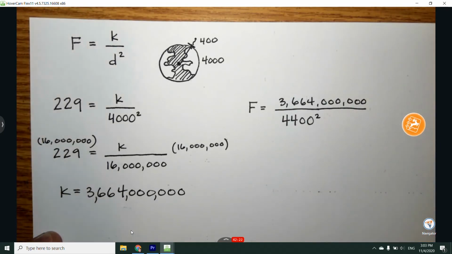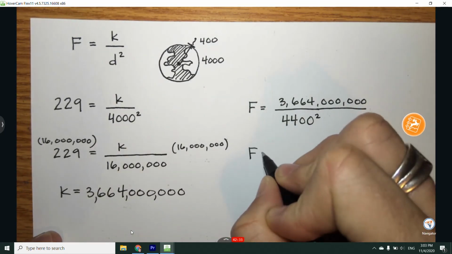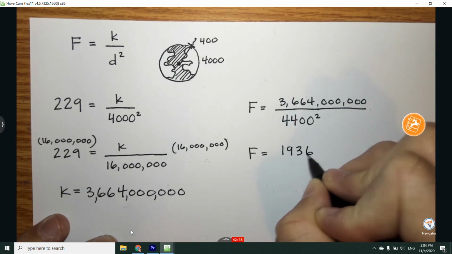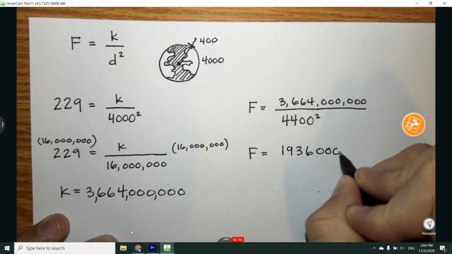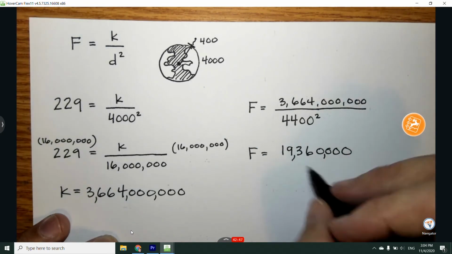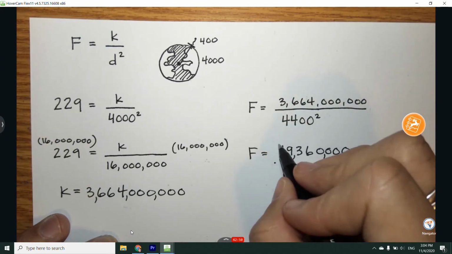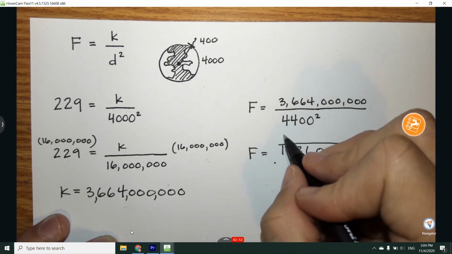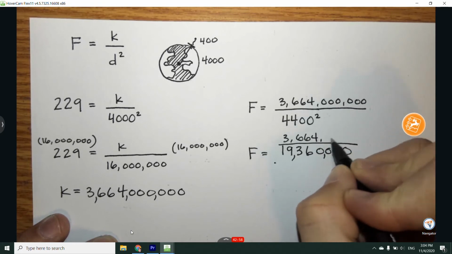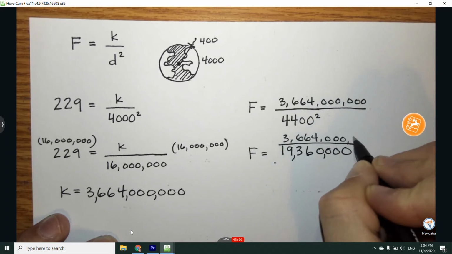Okay, so let's do this 4,400 squared, which is going to be a pretty big number in itself. That turns out to be 19 million, and we're going to divide that 3,664,000,000 by that.